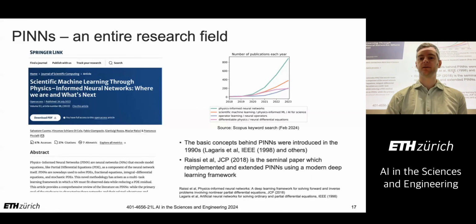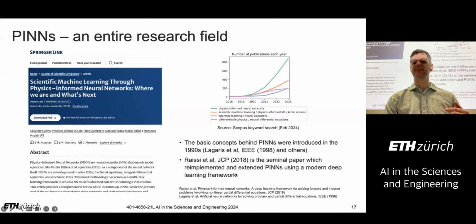But the paper that is most well known for PINNs is Raissi's paper, the seminal paper which re-implemented and extended PINNs using modern deep learning frameworks, showing that we can train deep, fully connected networks and other networks to solve these differential equations.